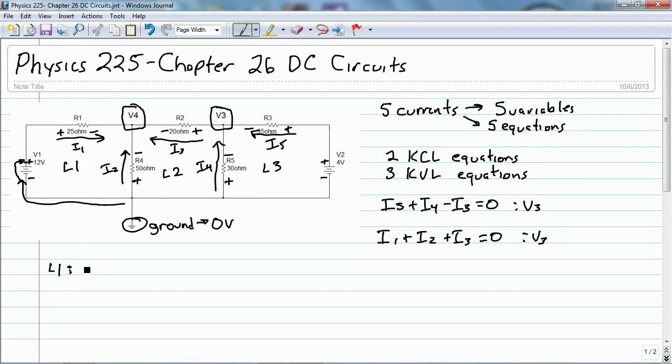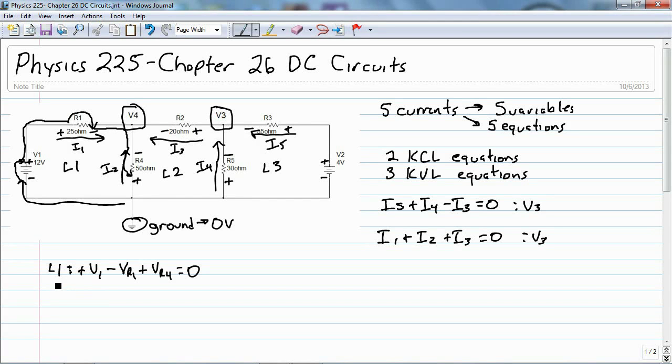So I'm going to have plus V1, and keep going through, and I hit this resistor R1, and I'm going to jump over and take this sign. So I'm going to have minus the voltage of R1, and keep going around, and I get to R4. I'm going to jump over and take the sign, plus VR4, and that's equal to 0.